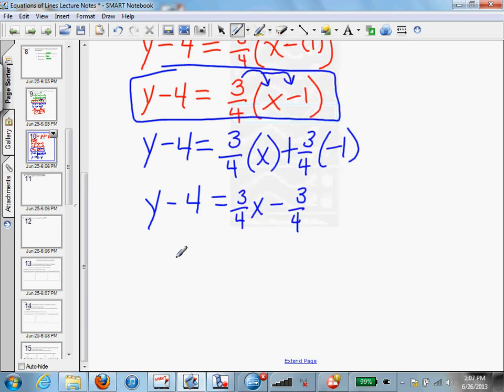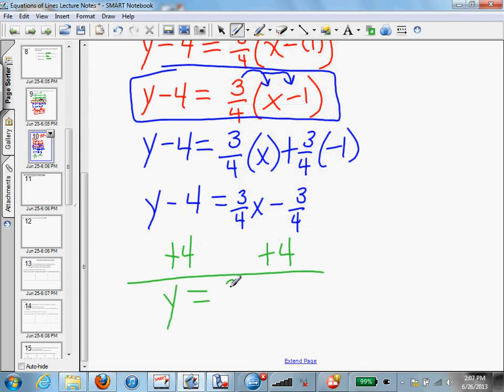Now to get y by itself, add 4 to both sides of the equation. So it leaves you with y equals 3 over 4x. And you may be saying, how can I add these together, since this is a whole number and this is a fraction? Well, you can think of 4 becoming 16 over 4. So when you do your math, you should get a positive 13 over 4.